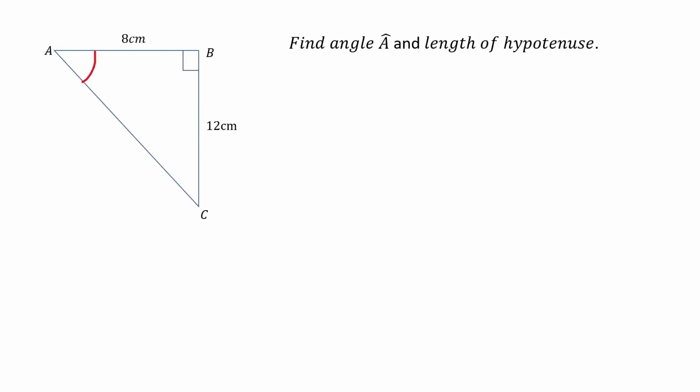Let's focus on how to find the angle A, using the primary functions sine, cosine and tan. For angle A, BC is the opposite and AB is the adjacent, so the best option is tangent.